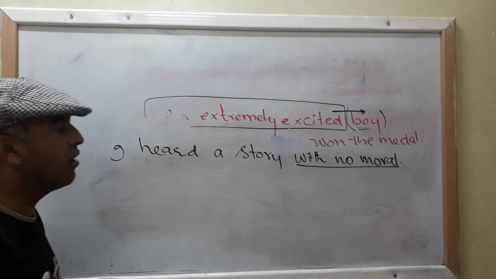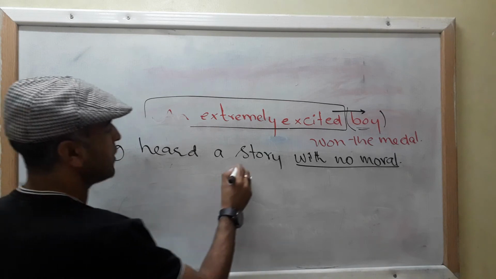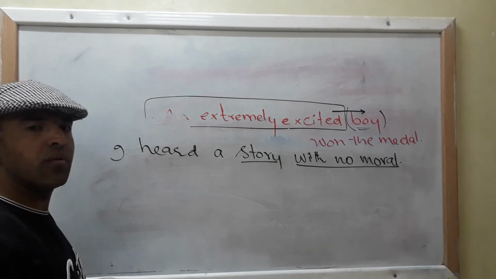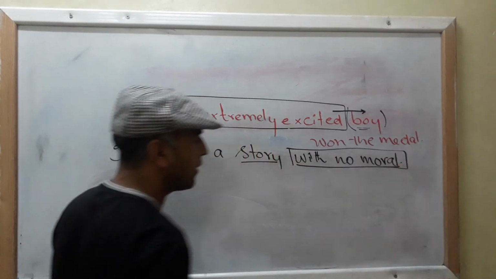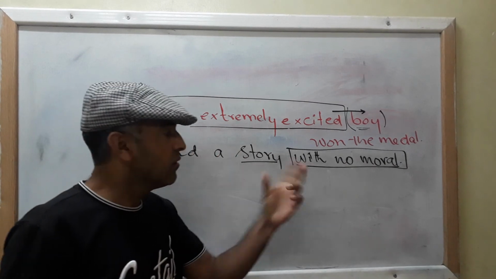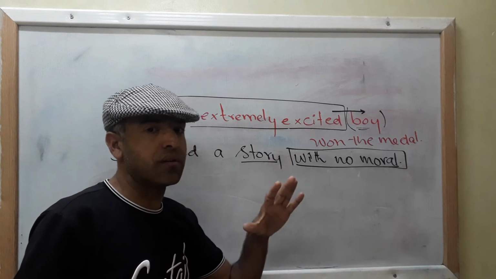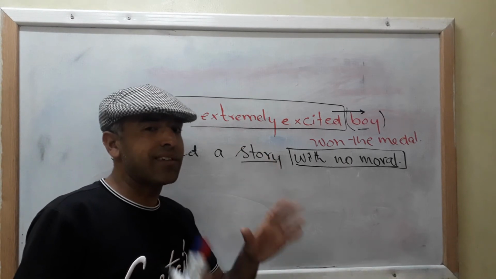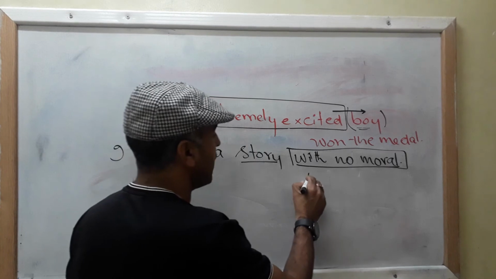How? Because this is a group of words and it is telling you something about your noun, that is story. I heard a story. What type of story? What kind of story? With no moral. I forgot to tell you: when an adjective phrase does not have an adjective in it, it is called an adjectival phrase.